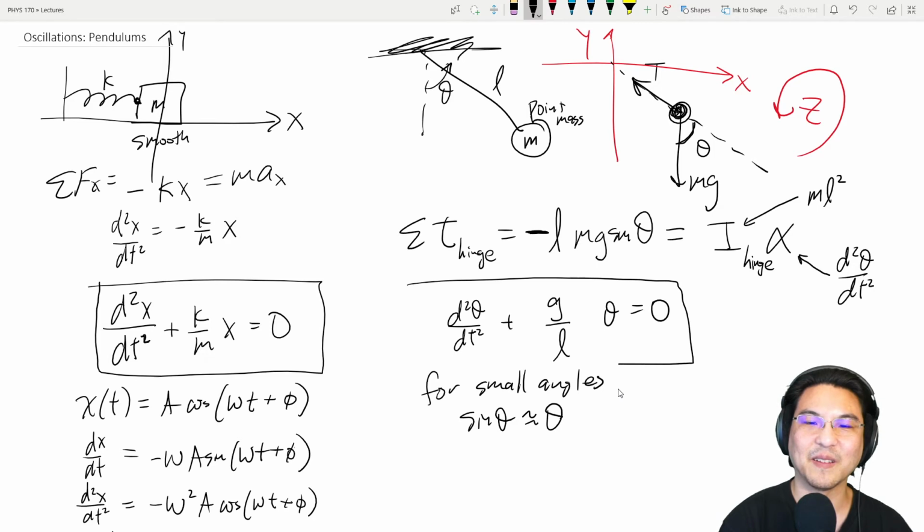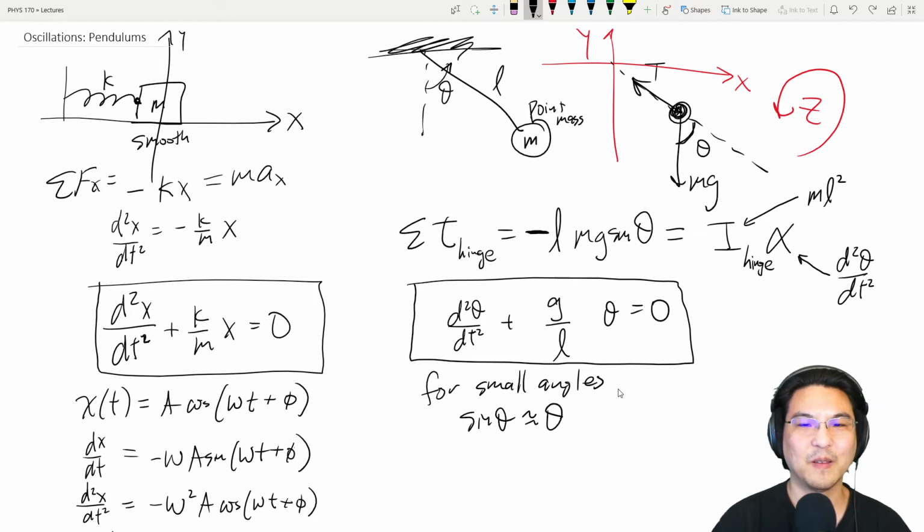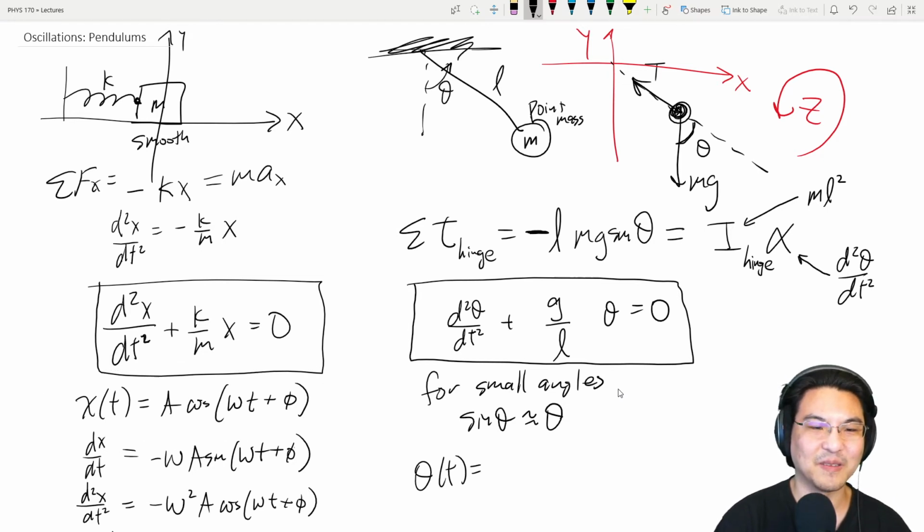Okay, now take a look at what we have here. Look at these two. It's the same form, which means, and you already know how to solve this, you know how to solve this. The answer, theta, is some sort of sinusoid, cosine omega t plus phase angle phi.